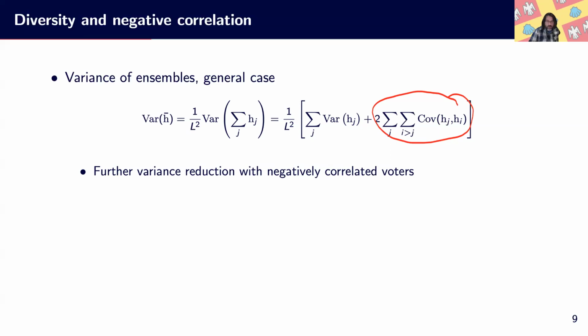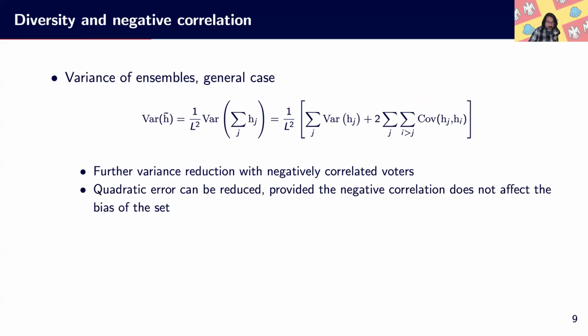Here we go further: if we force the models to make mistakes on different samples, we induce negative correlation, and that will be useful to reduce the variance. So we can get an even lower variance than before. By reducing the variance through negative correlation, we can reduce the quadratic error significantly.